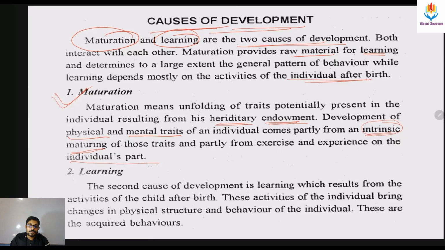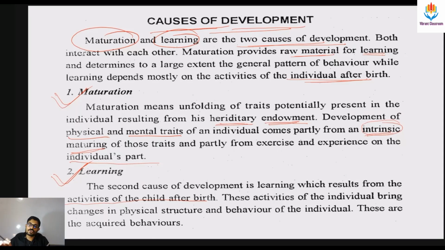Another cause of development is learning. The second cause of development is learning, which results from the activities of the child after birth. After birth, we as individuals do a lot of activities. In the process of doing these activities, we learn different things, and we consider these our experiences.